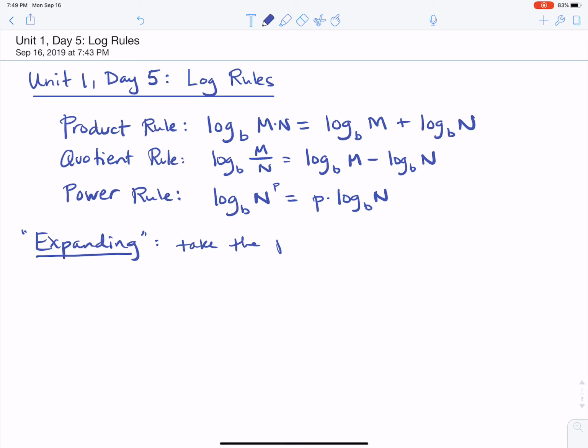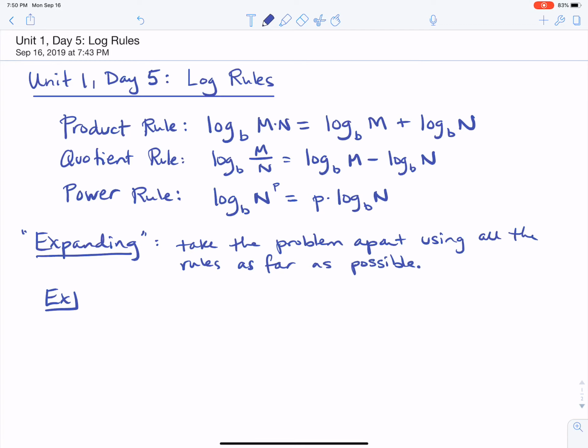So take the problem apart using all the rules as far as possible. Okay, and again, the problems seem kind of silly, but we're just practicing how the rules work at this point.